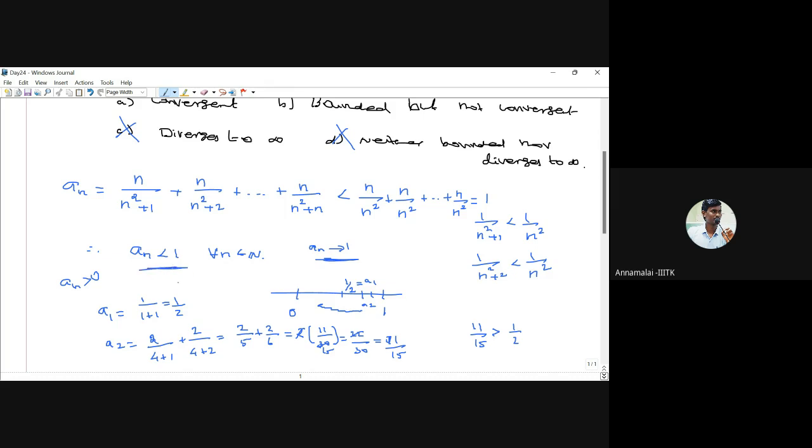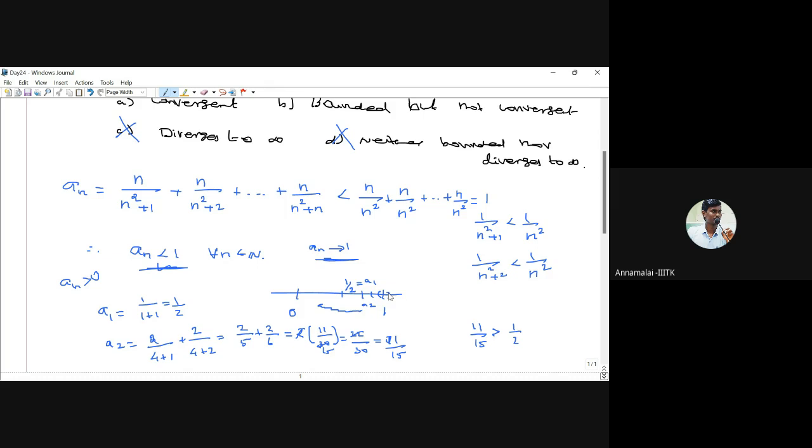If you take a very small epsilon, there are no a_n in this neighborhood, because they are strictly less than 1.